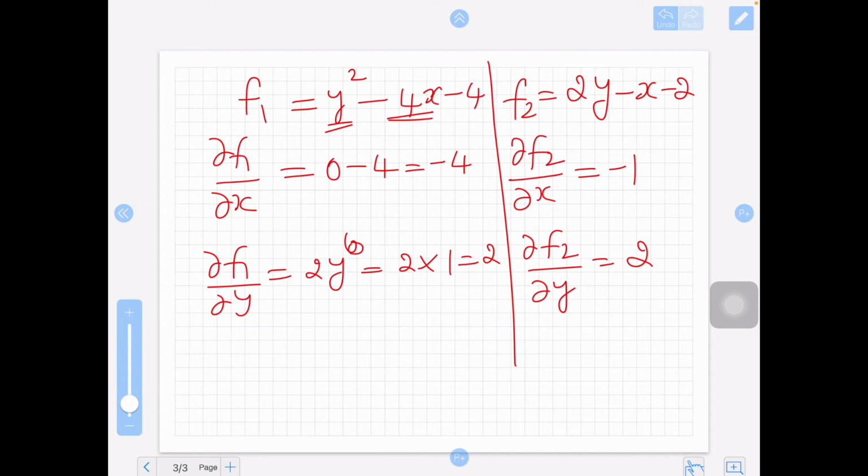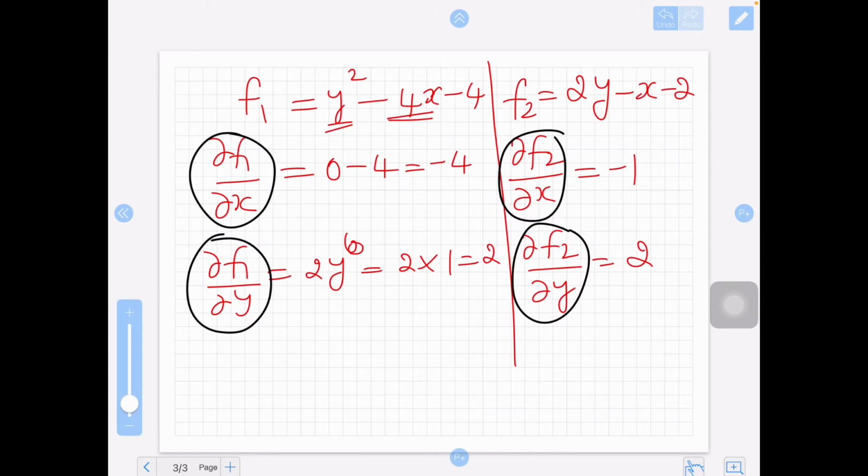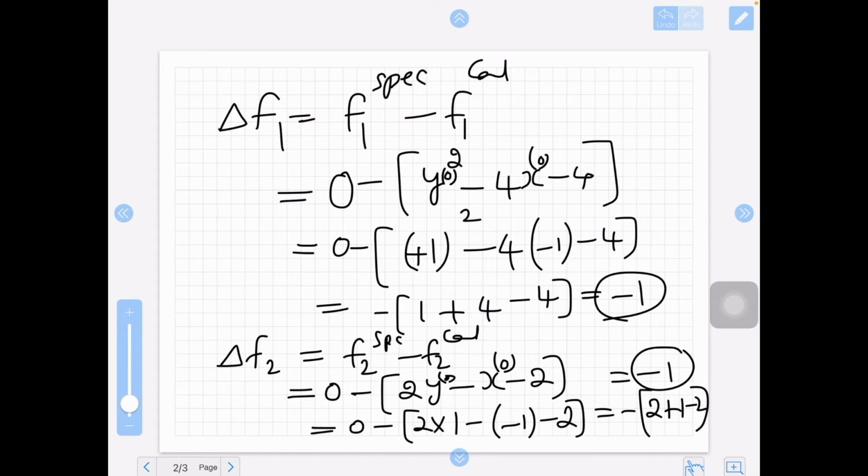So here, as you all know, we are finding the 4 elements of the Jacobian matrix, these 4 elements. So we know delta x, the B matrix elements, the J matrix elements, and C is delta x and delta y. As you see here, delta F1, delta F2 both are minus 1.